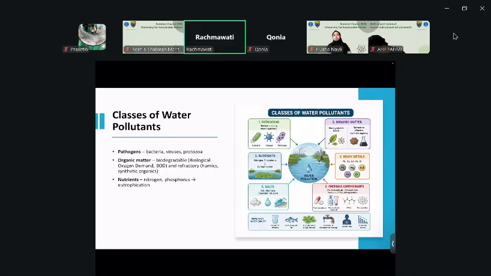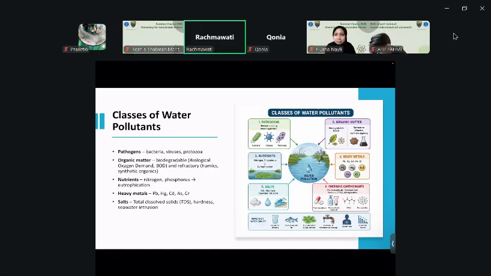For example, nitrogen comes from fertilizers in the agriculture field. And there are also heavy metals: lead, mercury, cadmium, arsenic, or chromium. Those are not healthy for us or for other microorganisms. Of course, there is a limit at which we consider them unhealthy, but if we can get rid of them, that's even better.